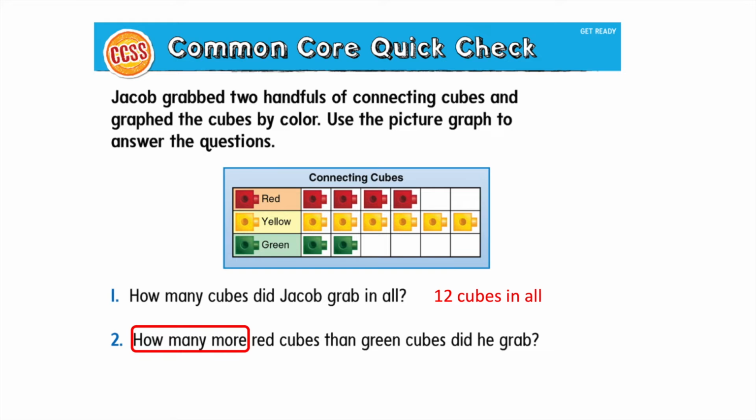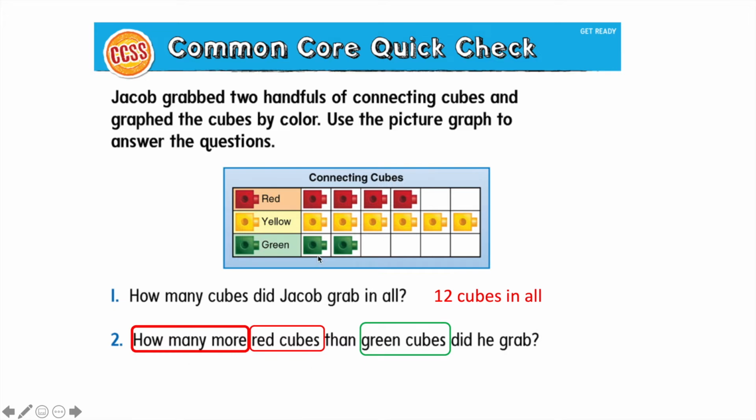We're comparing those 2 groups, which is the red cubes and the green cubes. If we look up here in our picture graph, there are 4 red cubes and 2 green cubes. Now we learned that how many more means compare.